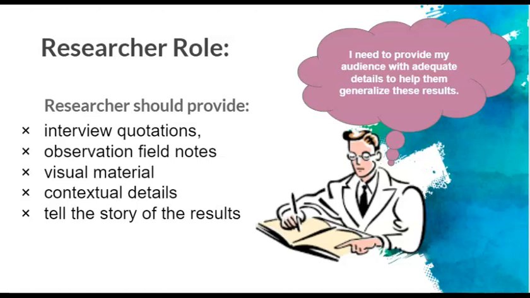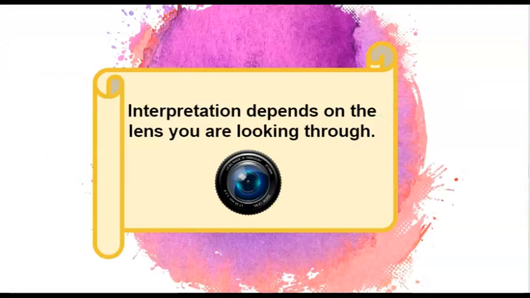A qualitative researcher tells the story, and through story, they can bring others into this feeling of, oh, this can be used in other situations. So qualitative researchers are storytellers, but they're not fiction storytellers, they're nonfiction storytellers. But the interpretation depends on the lens they're looking through. So different researchers will come at this research with different lenses.